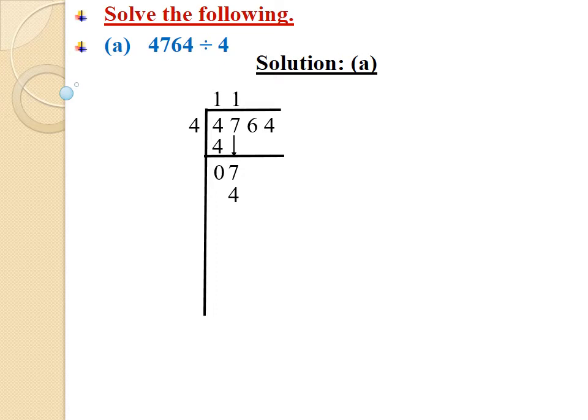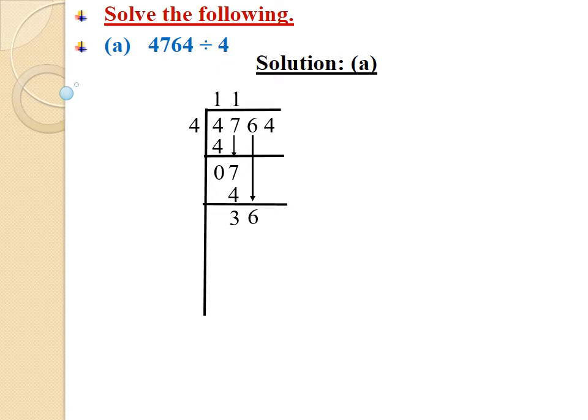Thus, subtracting 4 from 7, we get 3. Students, we have to bring down the next digit 6, as 3 is not divisible by 4. And we have to write 6 after 3. Thus the number becomes 36.